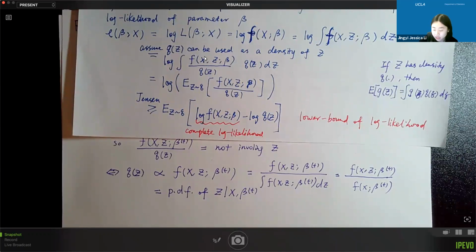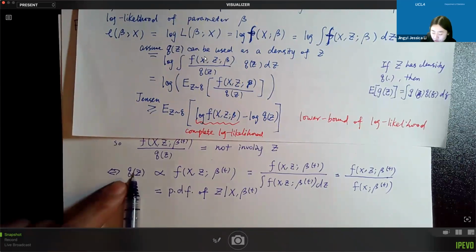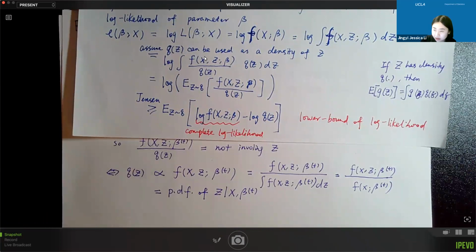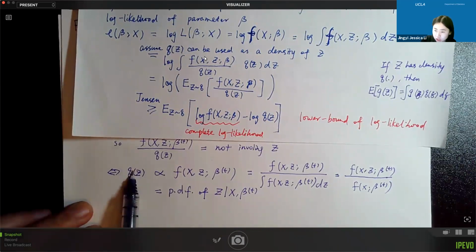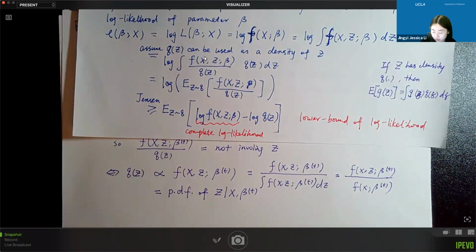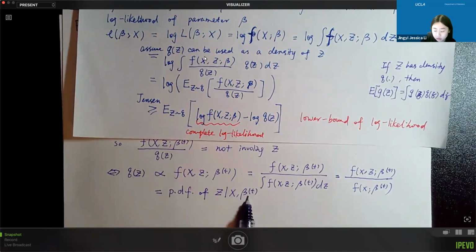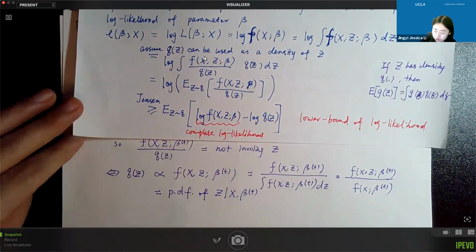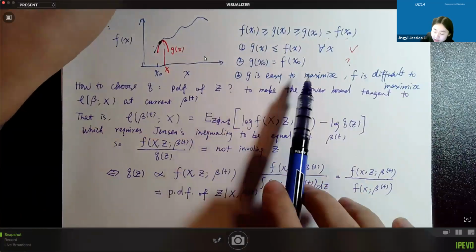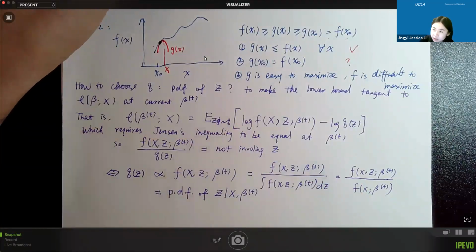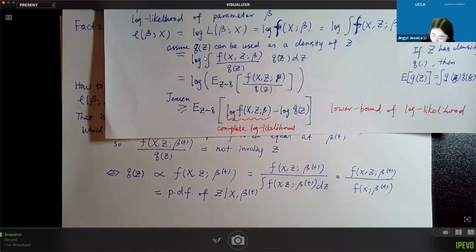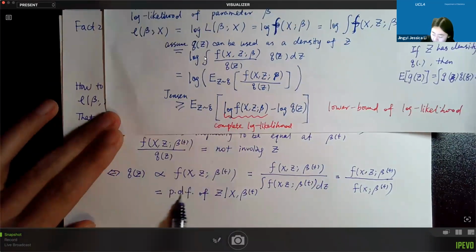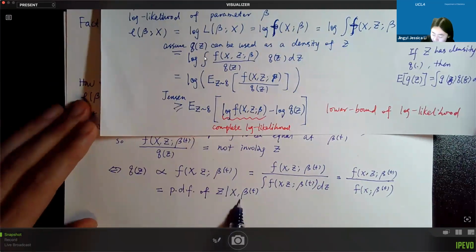To be exact, I should put t in the superscript of q, because as my parameter value changes, the density function for z should change accordingly, since beta t is here. So that's the EM algorithm.